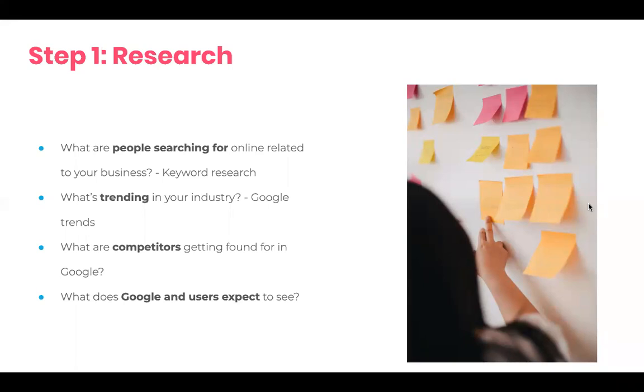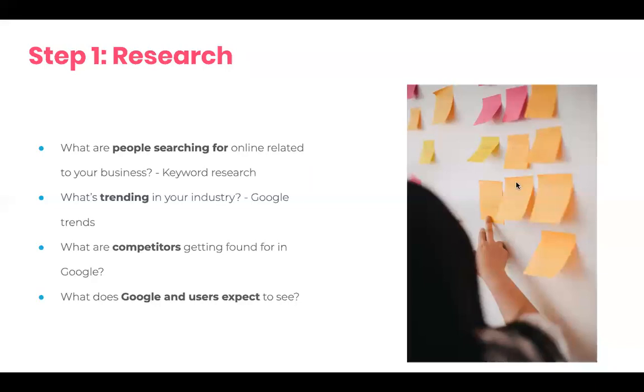Looking at page 1 results is an amazing clue, if not the end result, of what you should be doing. Going beyond that, looking at who's ranking on page 1 and diving into their content gives you a framework for what the content should look like. Make sense? Hopefully that makes sense.